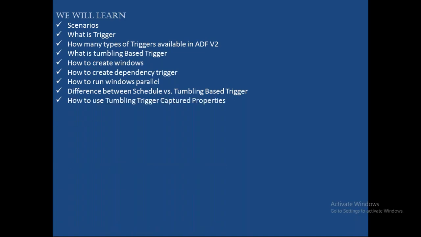Next, how to use tumbling trigger captured properties. Tumbling trigger will tell you there are different properties. One is when this trigger started. Trigger start time, if it is running now, will be today's date. Next, window start time. Window start time means when our first window will start, 2010 January 1st, at 1 o'clock, something like that.